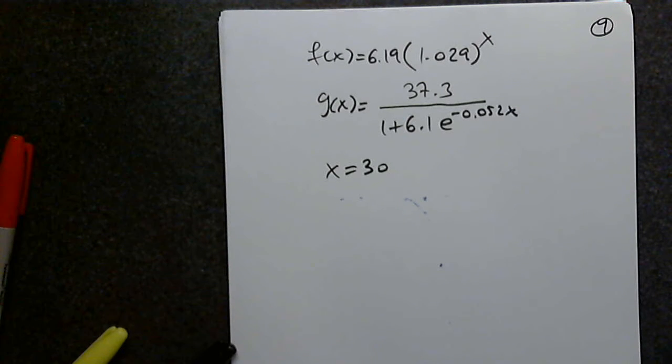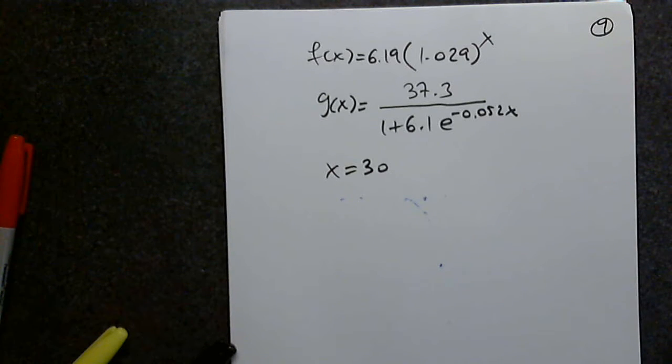In y equals, clear, and just put in two functions. The first one is 6.19 times, in parentheses, 1.029 caret x. And the second one is 37.3.